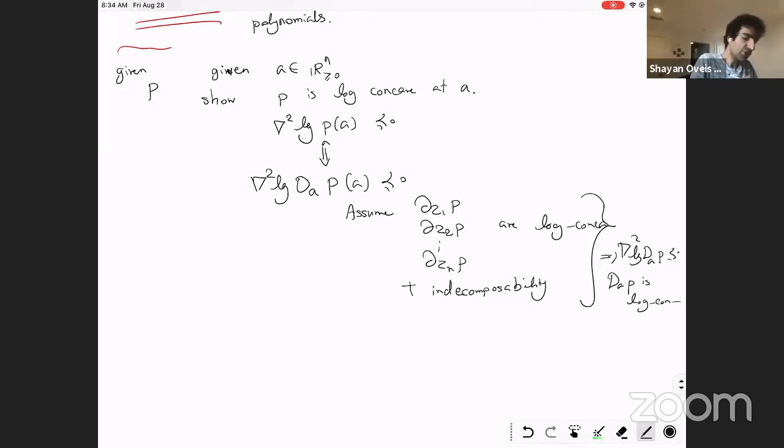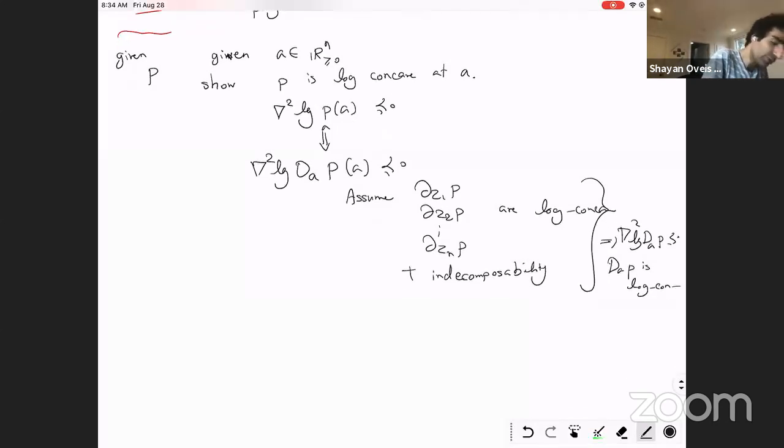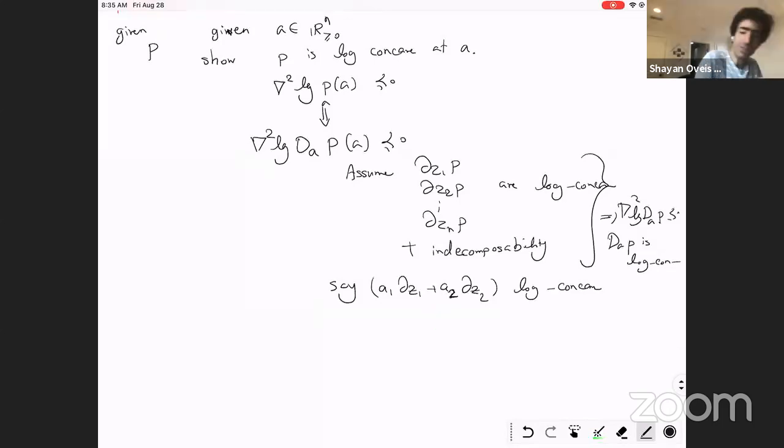Okay, so just to remind you, how did we do this last step? The idea was, I'm going to do this for a special case. So let's do it for two variables. Let's say I want to show A1 partial Z1 plus A2 partial Z2 is log concave. So I use this idea.